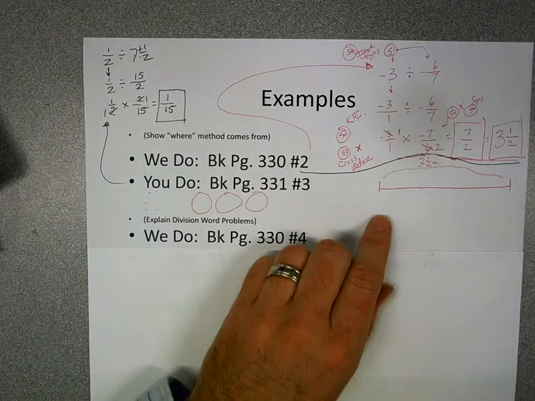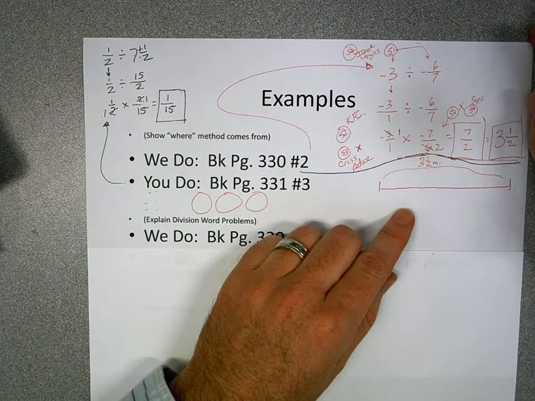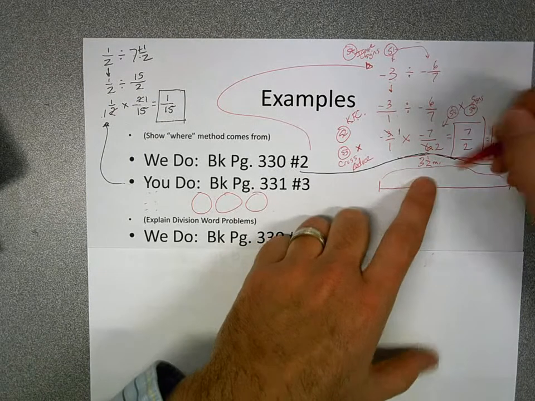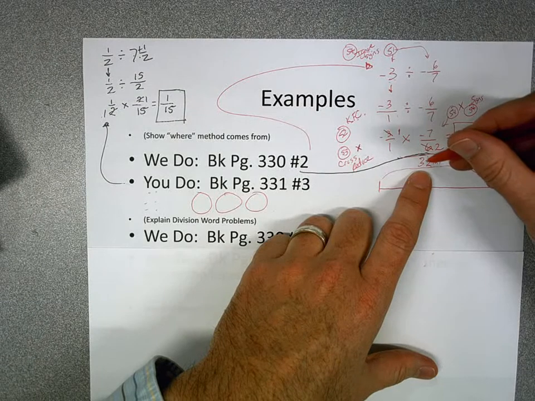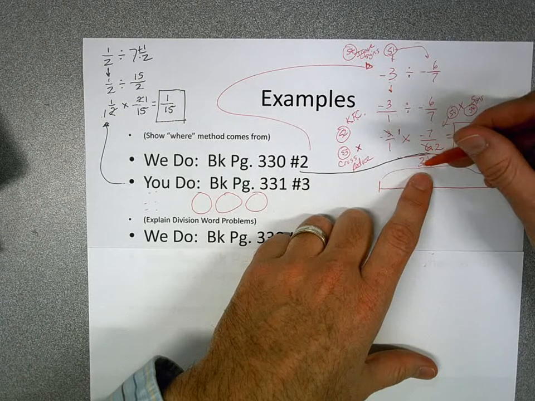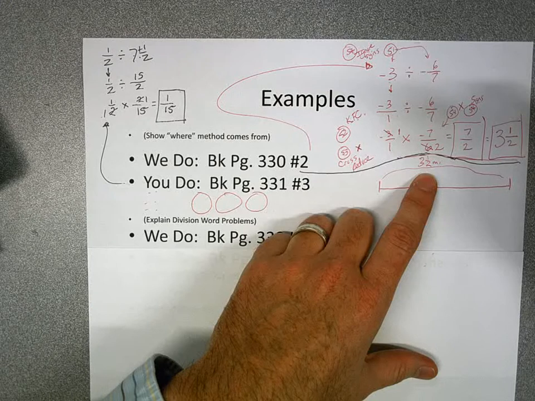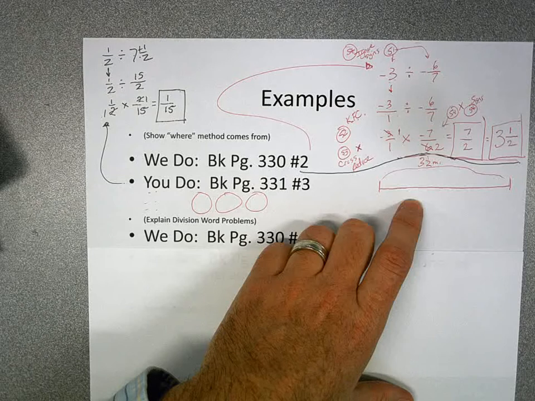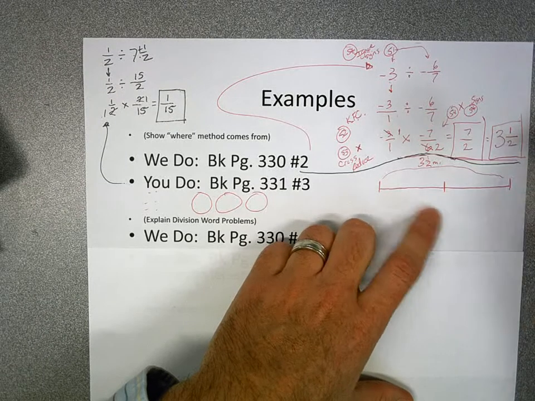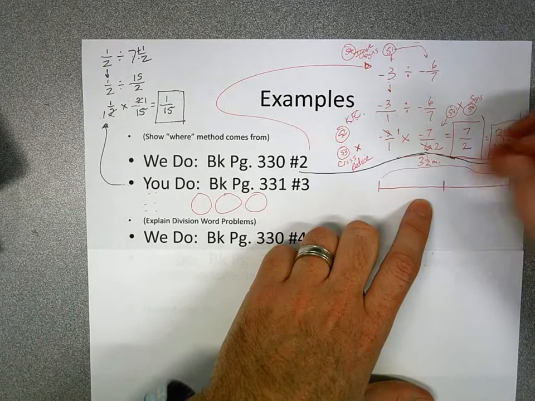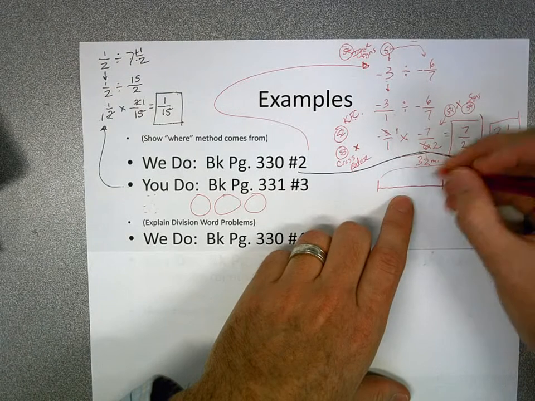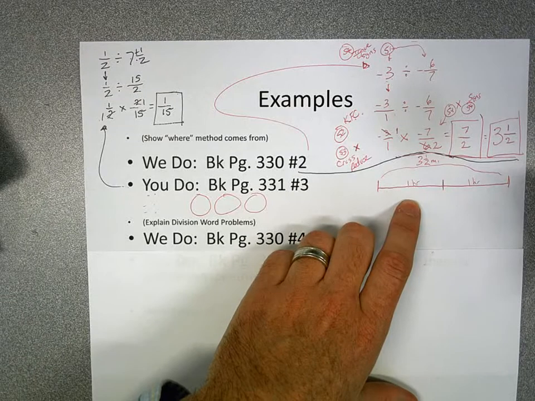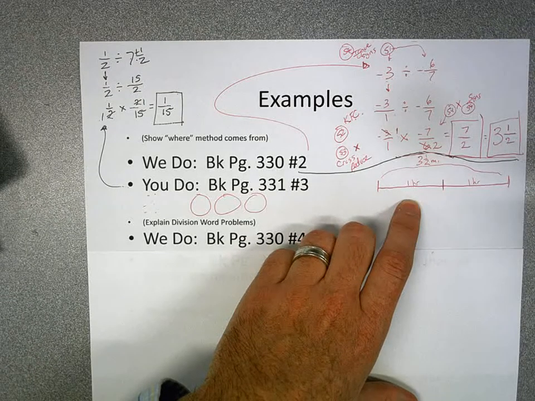Here's the thing. If she walked, let's say, I'm going to round up, let's say she walked 4 miles in 2 hours. Here's hour 1 and here's hour 2. If it says, how much did she walk per hour?